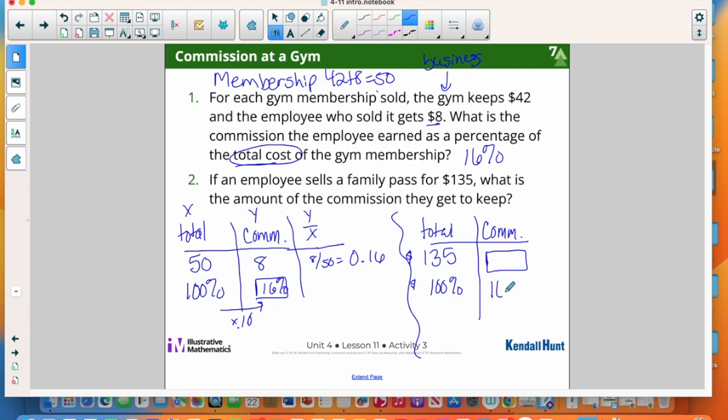And we said we're going to assume that he earns the same 16%. So if I do Y divided by X, can't use the first row. We don't know Y. So 16 over 100 gives us 0.16. So if we do 135 times 0.16, we find out that that employee gets to keep $24.48 of that commission.